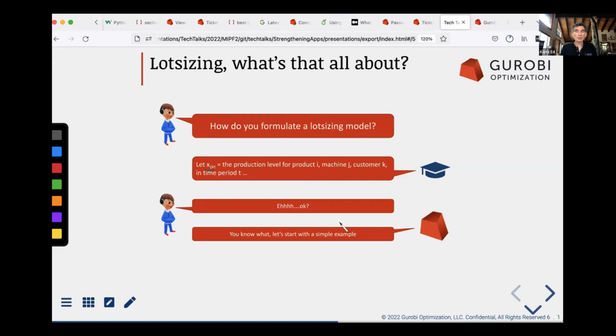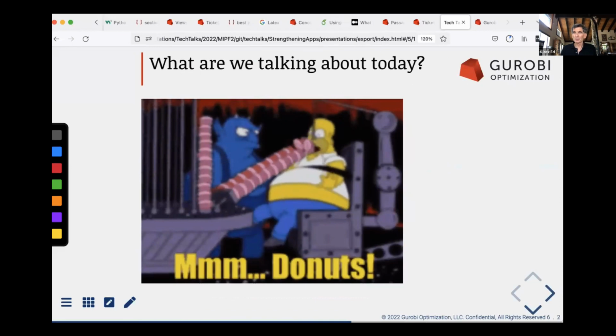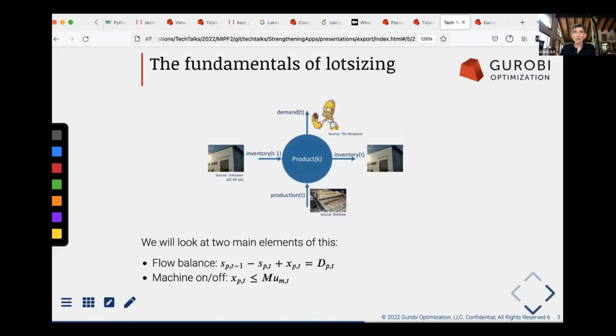I'd rather start simply with the most fundamental activity in the model and then work my way up. In the case of lot sizing, that involves a single product. And today our product of choice is going to be something we can all relate to, which is donuts. As to whether that relationship is love or hate, that's a discussion for another time.